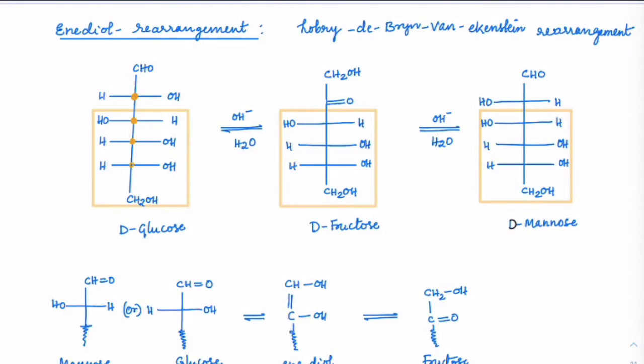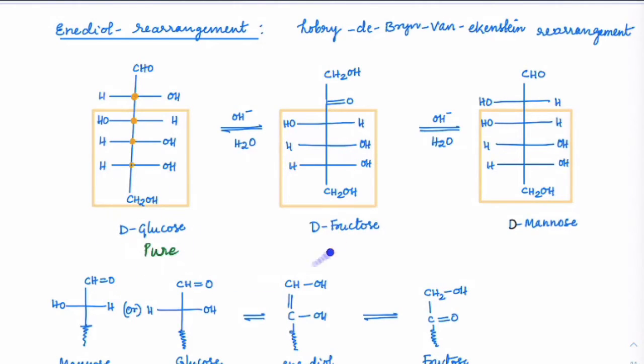Now, based on this, what exactly does it tell us? If you take glucose, let me take it in pure form. If I keep that in alkaline medium, glucose can convert into fructose and it can convert into mannose. So after a certain time there won't be any pure glucose existing.